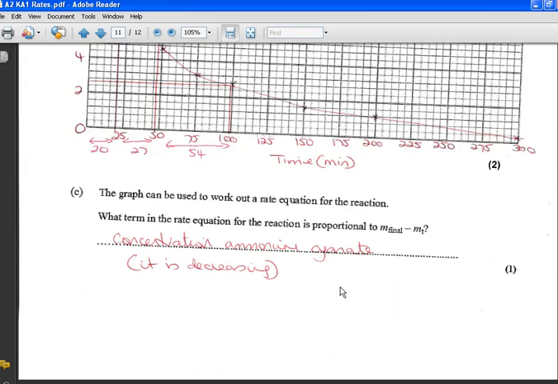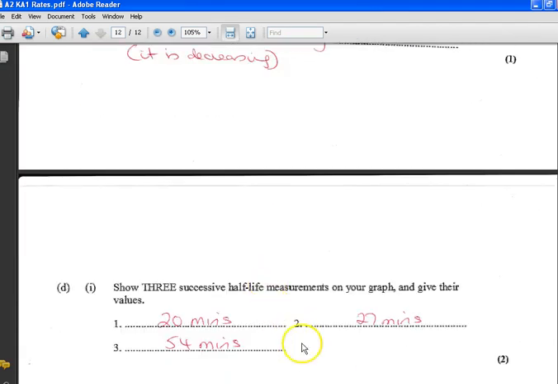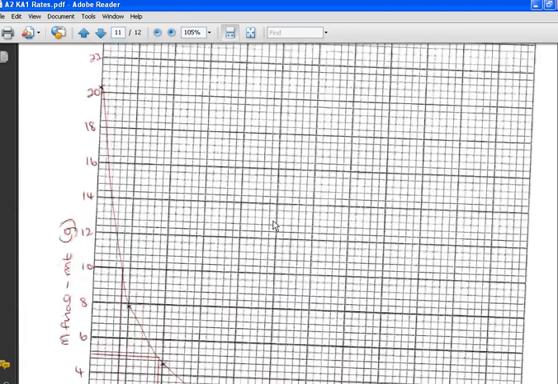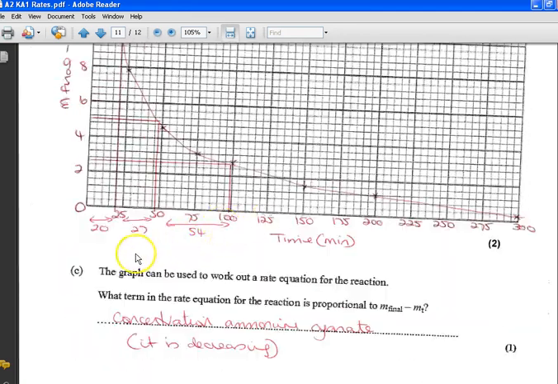Now, I cannot square up my half-life measurements with the mark scheme. So I think there's something wrong with the mark scheme because I can't see how they've come up with their values. To me, it's pretty clear. The half-life is increasing. It is not constant, so that's telling you this is not first order. I mean, it has actually doubled from here to here.